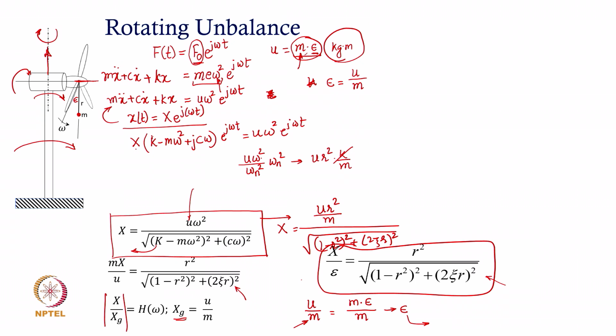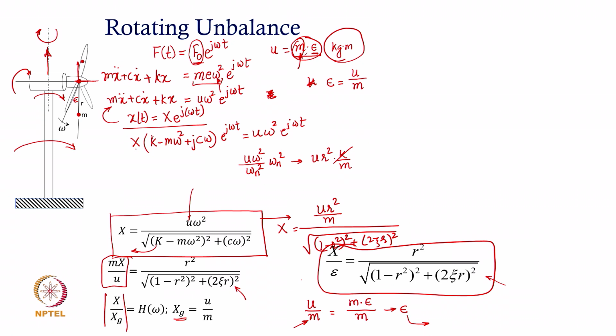Okay. Sometimes if you have found out this unbalance, I might use a larger epsilon and put a balancing mass of a smaller value than this m, which is the system's or rotor's mass. Okay. So, the unbalance here is the product of the mass times eccentricity, and assuming that eccentricity epsilon corresponds to the total mass, we divide it, and that way the ratio x over x g basically reduces to capital X upon epsilon.